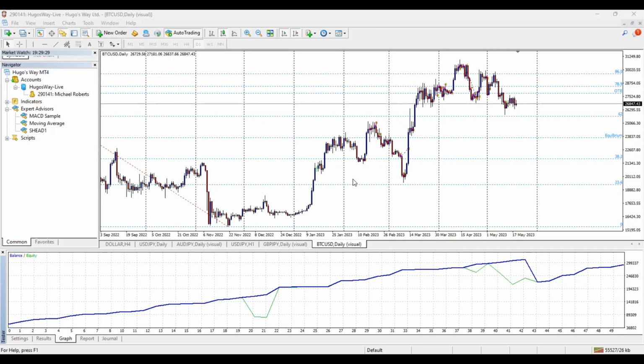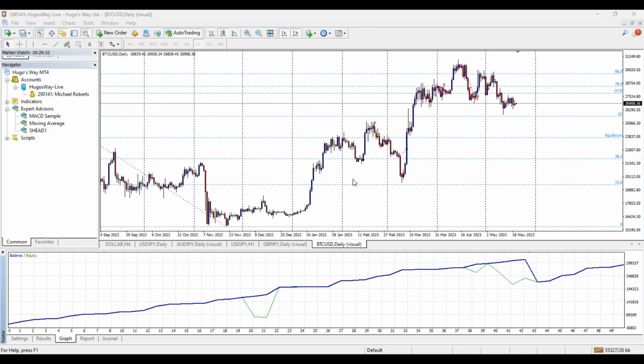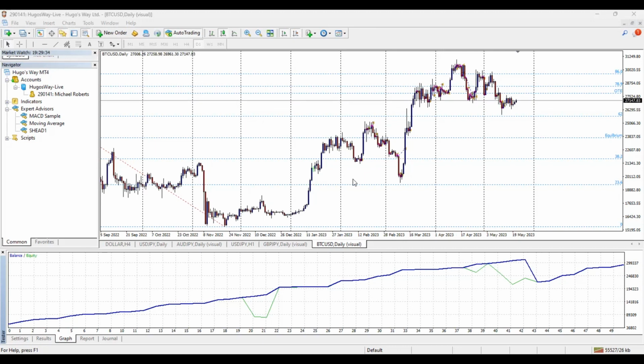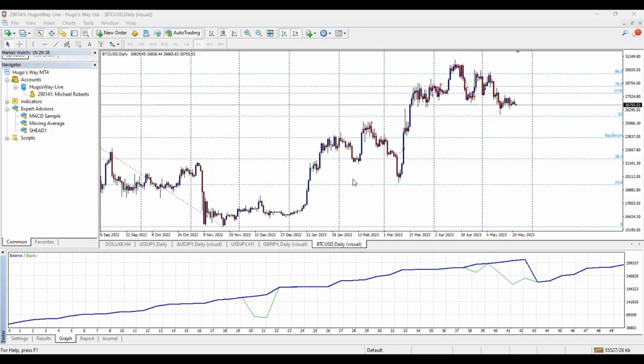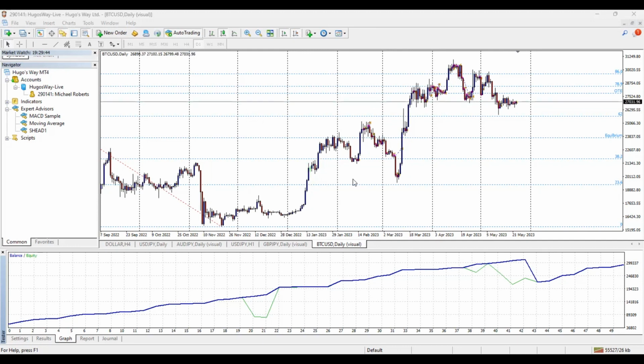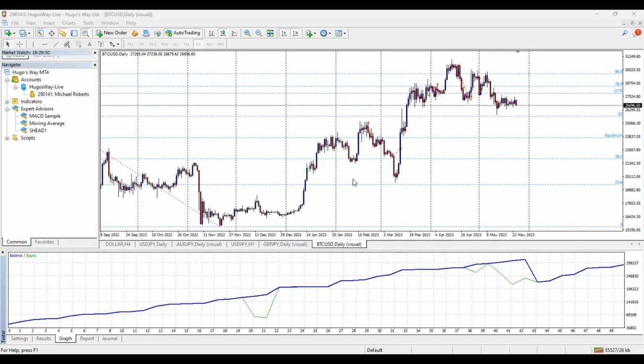because a lot of prop firms, when it comes to crypto, the actual contract size is massively reduced. With some brokers, 0.01 lot size is actually 0.10, you know. Okay.